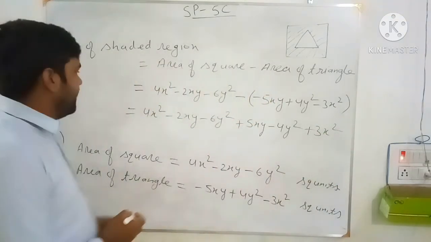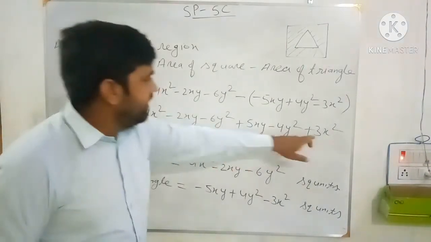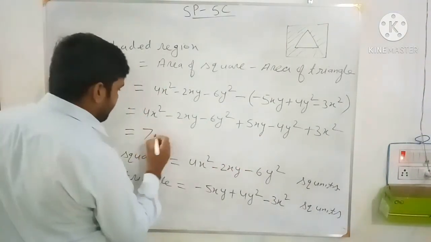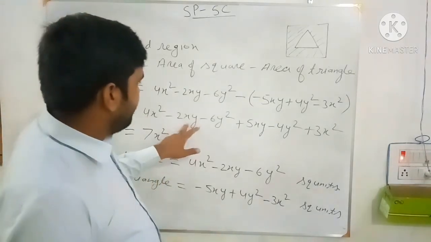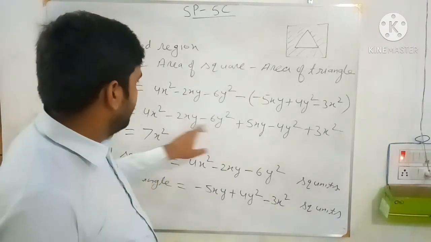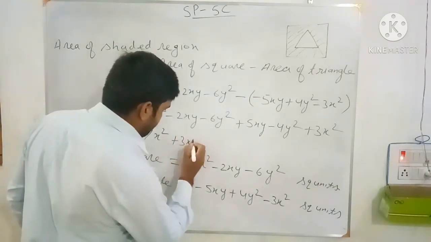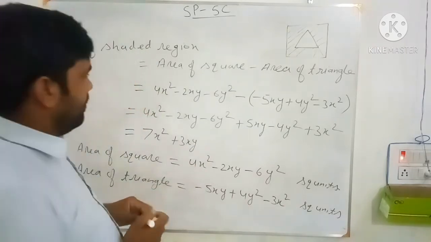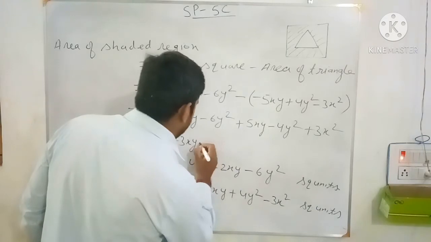Now we make a group of the like terms, or we add it. See, 4x square plus 3x square gives you the 7x square. Now see, minus 2xy plus 5xy gives you the plus 3xy. Now minus 6y square minus 4y square gives you minus 10y square.